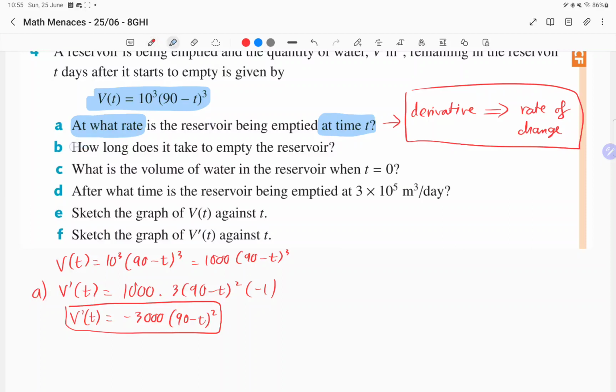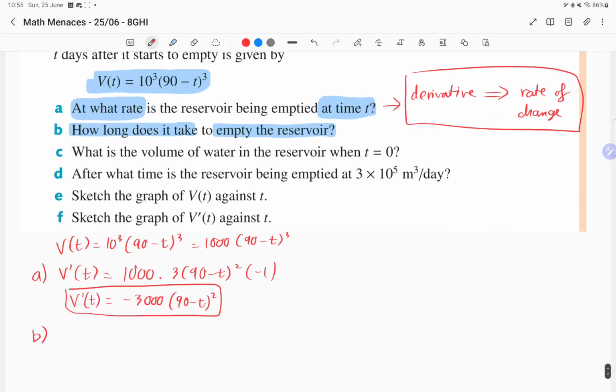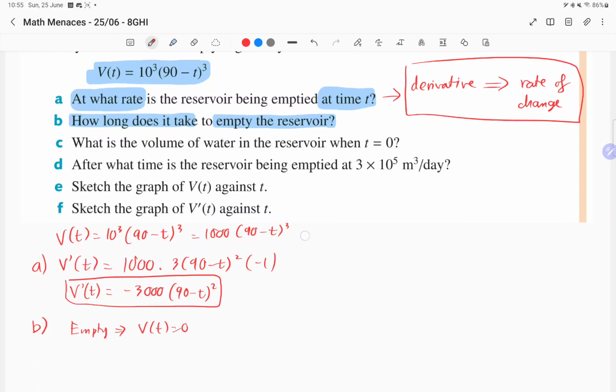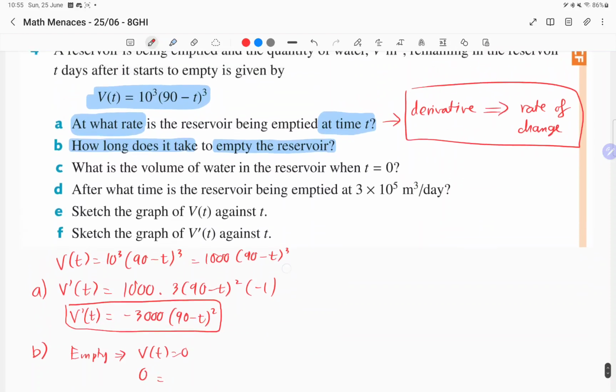How long does it take? So yes, you're finding t to empty the reservoir. What does it mean by empty? V equals 0, yes. But you'd have to divide 0 by negative 3,000. Not negative 3,000, you're looking at the derivative. You're not supposed to look at this one. Empty means V(t) equals 0. So you set 0 equal to V in the original equation, because that's the volume equation.